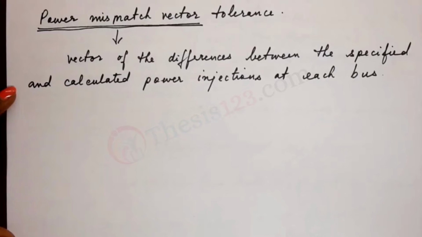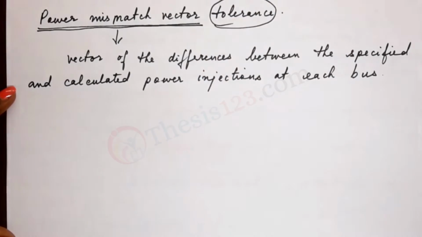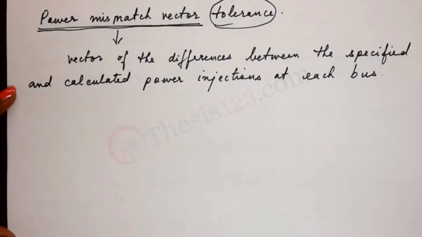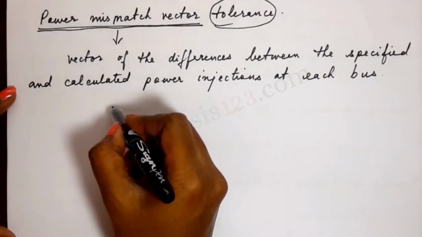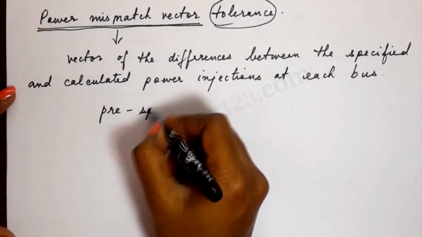So it is important to check the power mismatches to be within a pre-specified error tolerance. So that is what tolerance means. It has to be within a certain limit, the differences of the power injections.